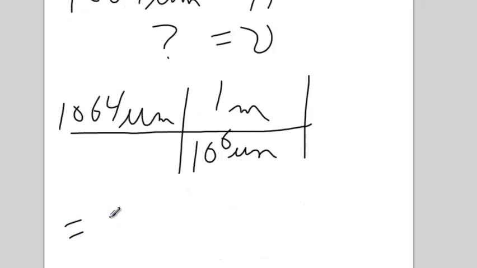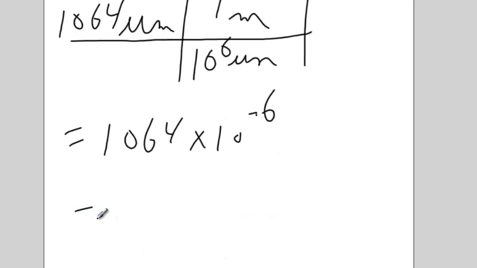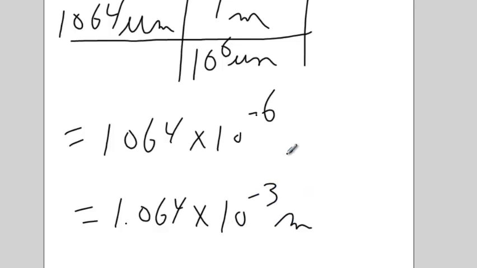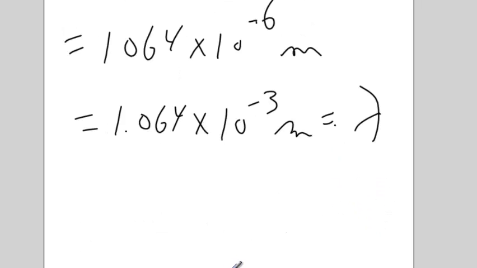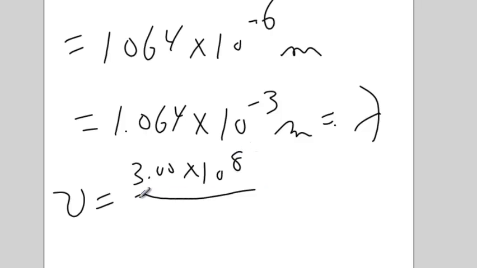That gives me 1064 times 10 to the negative 6, or 1.064 times 10 to the negative 3rd meters. That's the wavelength in meters. Now I know that nu is 3 times 10 to the 8th over 1.064 times 10 to the minus 3rd.